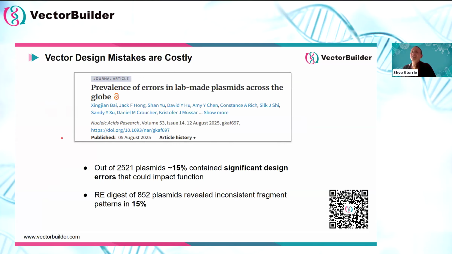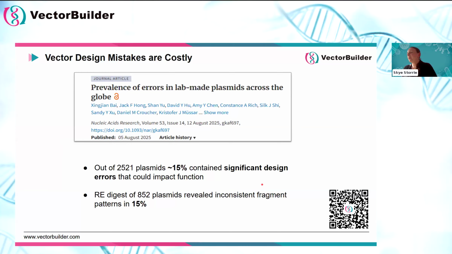And we feel like we really highlighted the scale of this problem in a paper we published all about plasmid errors across the globe. We took thousands of plasmids from academic as well as industry partners, and we sequenced them to look for mutations, as well as carried out restriction enzyme digest to look for mutations. And we found that actually a whopping 15% contained significant design errors that could significantly impact function.